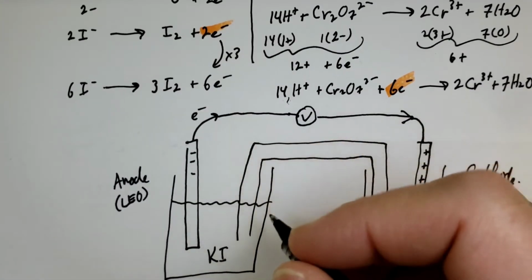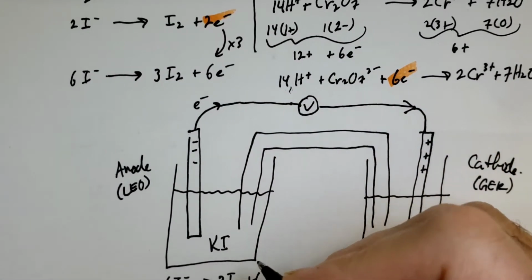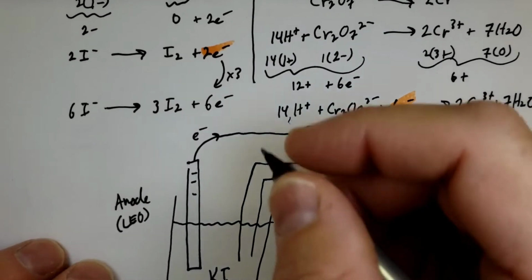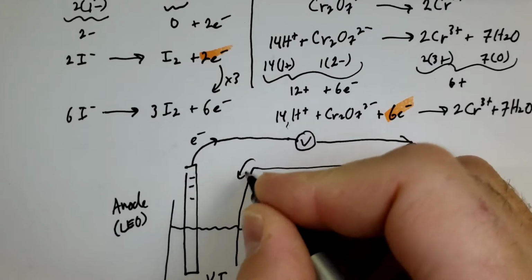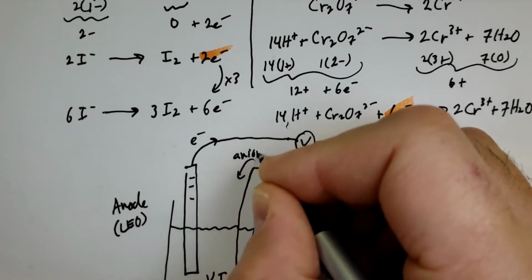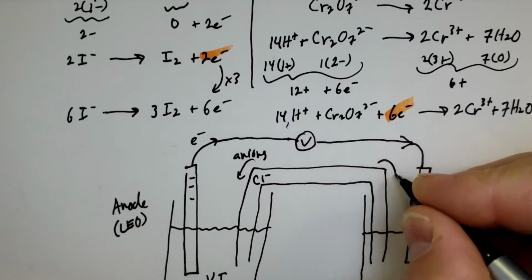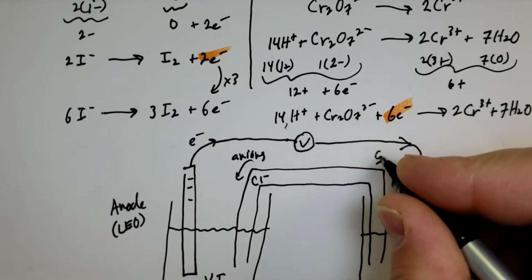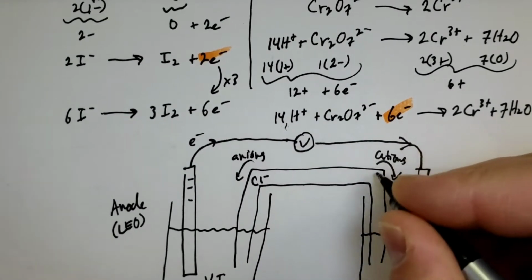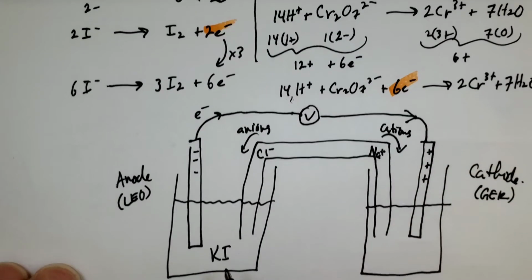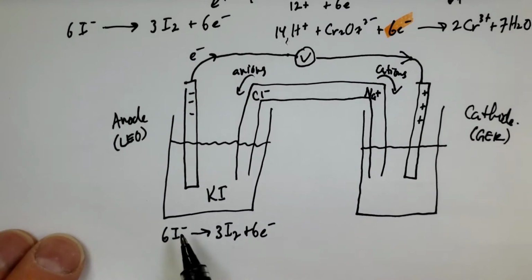And then of course we have iodide, and as you recall, it was stated that anions are going to be flowing through here. So anions of course are negative, so Cl negative, and cations go to the cathode. Cations, so those are the positive charges. So how do we explain what's happening there? If we take a look here, it's a little bit different.